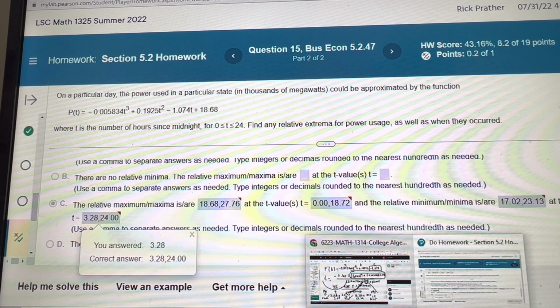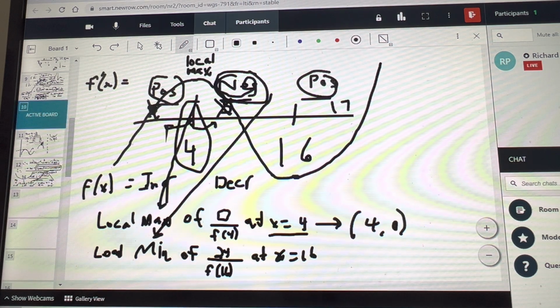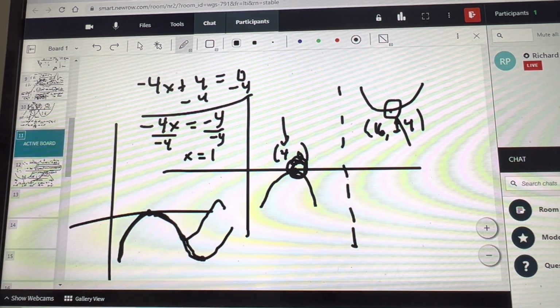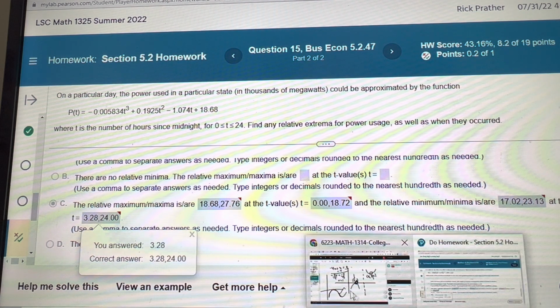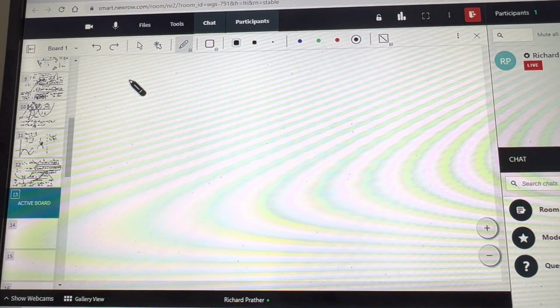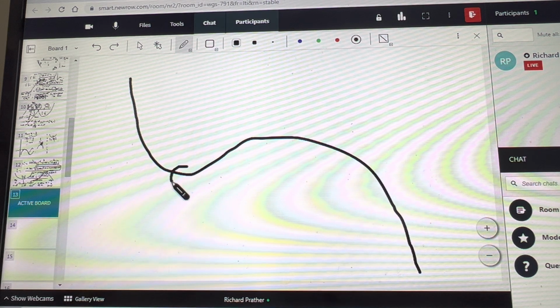So what's going on here is when you have a polynomial like this, where was the original problem? I never wrote it down. The original problem has a negative t to the 3rd. So the graph is going to come like this. Normally this is your local minimum, this is your local maximum.